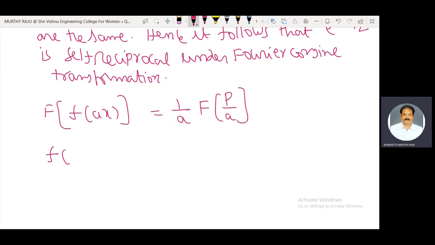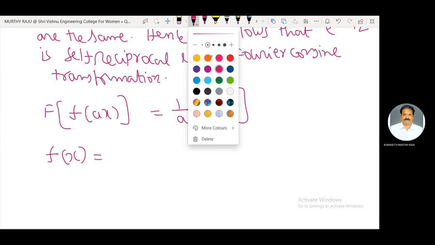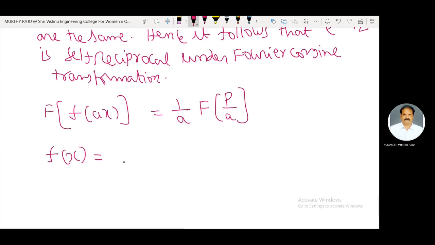Here f of x is equal to e power minus x square by 2.